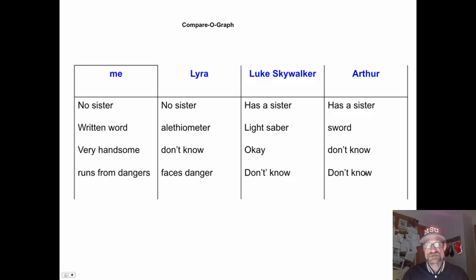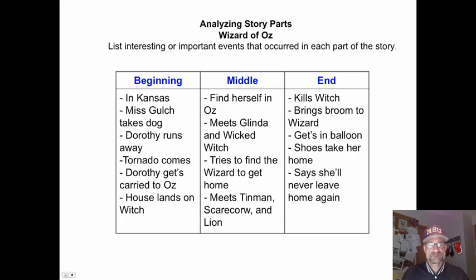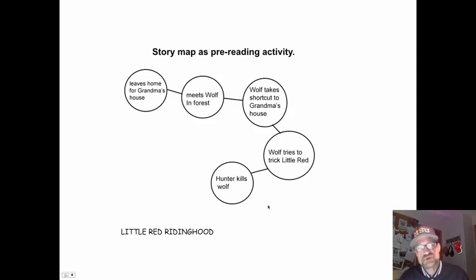Comparograph: me to these different characters. Attribute chart: characters, attributes, do they have it? Analyzing story parts: important or interesting events found in each section of the chapter or the story. A story map is a pre-reading activity.